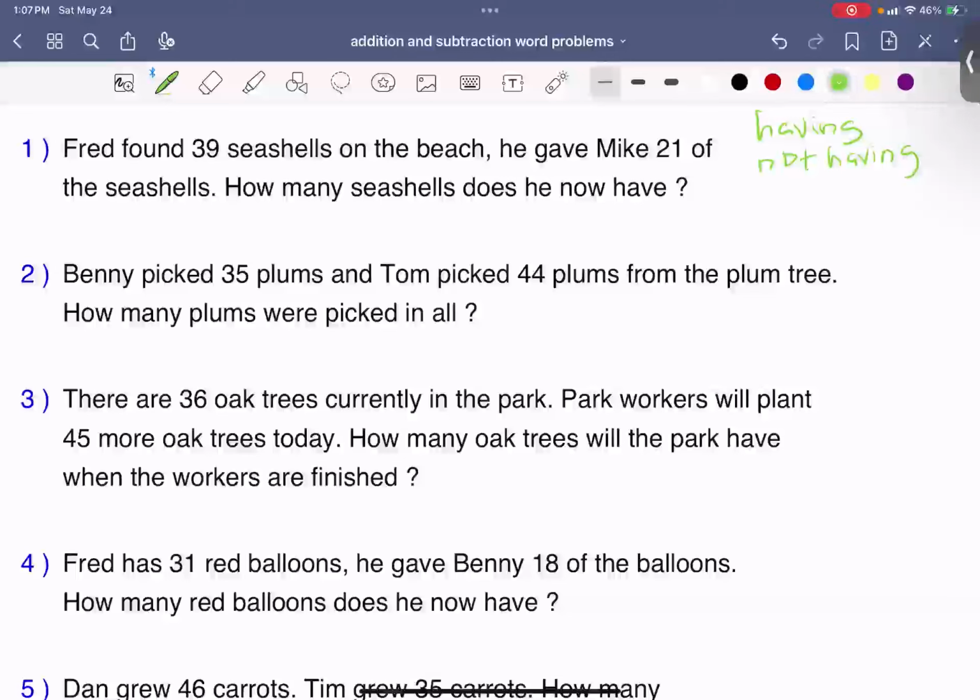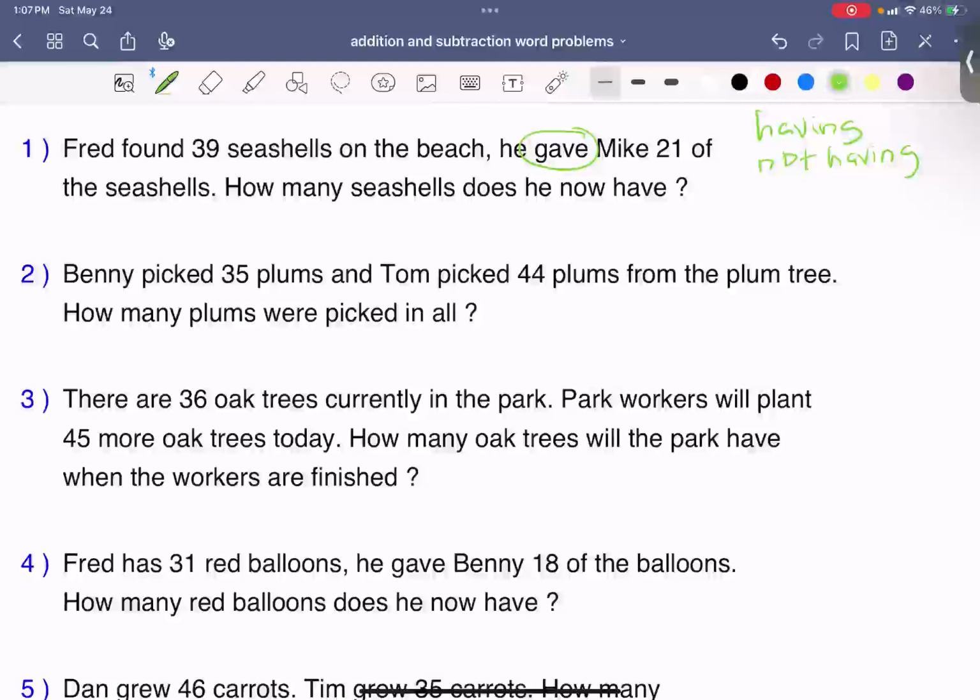It says, Fred found 39 seashells on the beach. He gave Mike 21 of the seashells. How many seashells does he have now? So I'm looking for keywords. I see the word gave. I'm also looking for numbers.